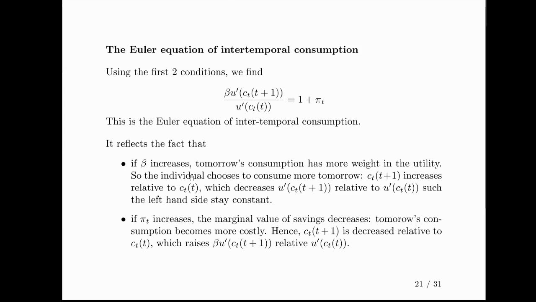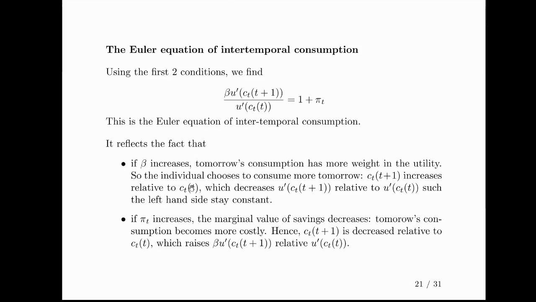If beta increases, then tomorrow's consumption has more weight in the intertemporal utility, so the individual would choose to consume more tomorrow. And if Ct+1 increases relative to Ct, then u prime of Ct+1 would decrease. If I consume more tomorrow, my marginal utility of an extra unit of consumption tomorrow is decreased, so this ratio would go down. So if beta goes up and the ratio goes down, then the equation is still maintained.